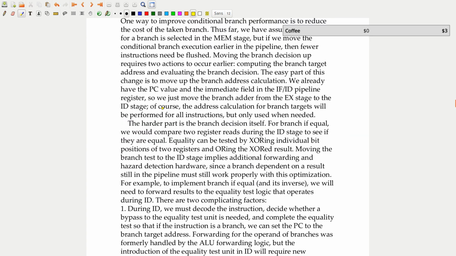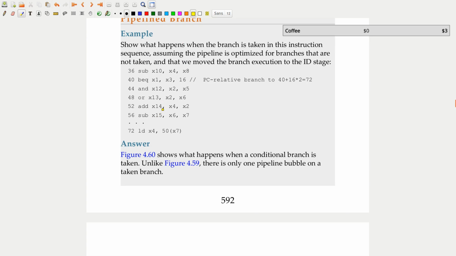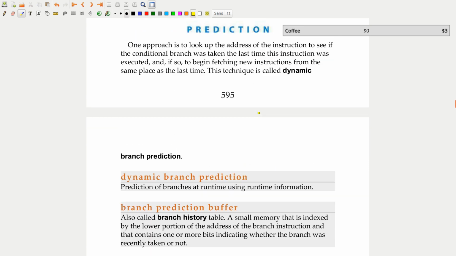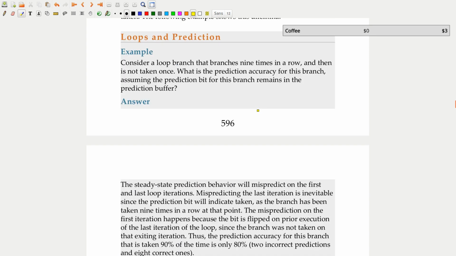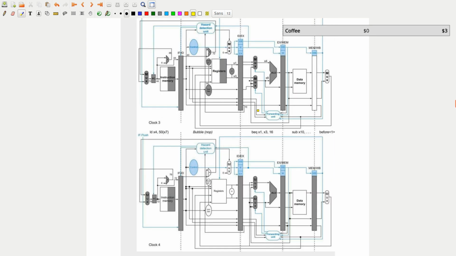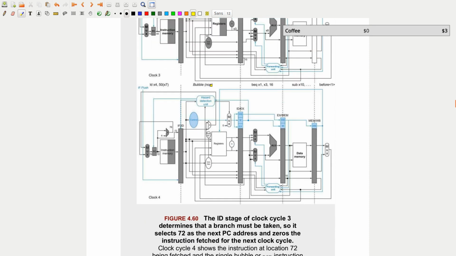Versus here, after we've moved the pipeline around a bit, we've brought it down to only a single bubble. Here we only have a single bubble. We're now in this decode stage and we're not doing anything. We have to flush this section in clock cycle 3, and then in clock cycle 4, we start filling it with the correct instruction.